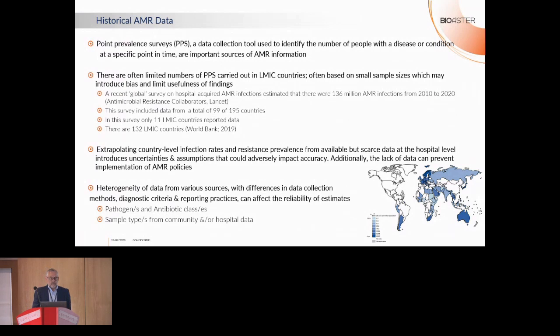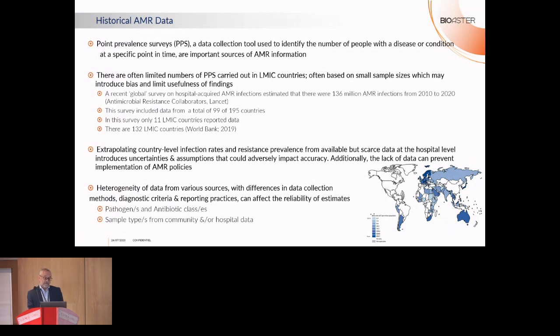There's a recent global survey published in 2022 in The Lancet, probably the best paper there's ever been on the incidence of AMR and the problems associated with it. They calculated that there were 136 million AMR infections between 2010 and 2020.